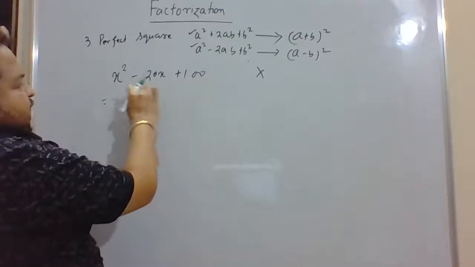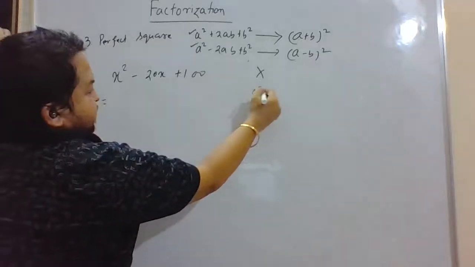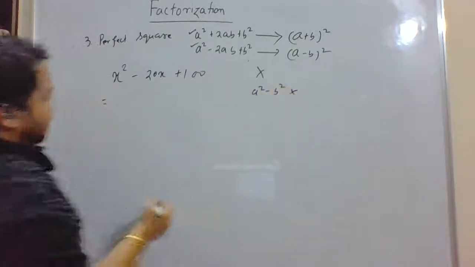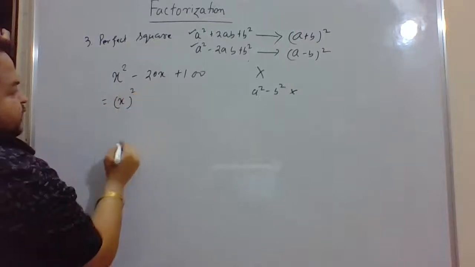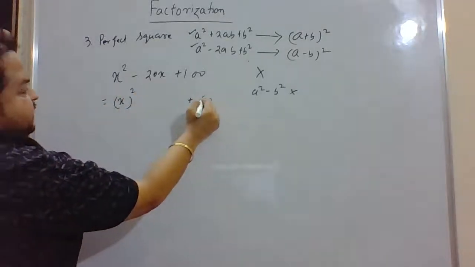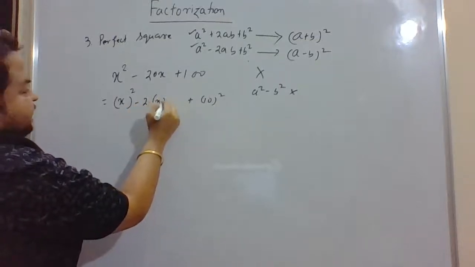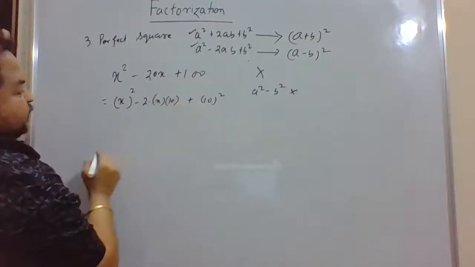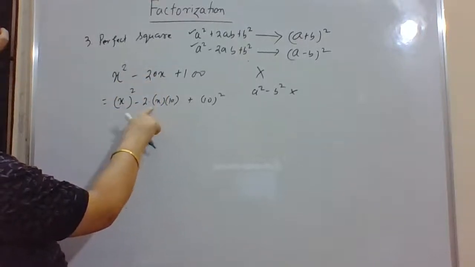Next, I have got three terms in the expression, so it cannot be in my a square minus b square format. So now let me see the next format. It's x square plus 10 square minus 2 into x into 10. If you see, this is minus 20x, so 2 into 10 into x is 20x.